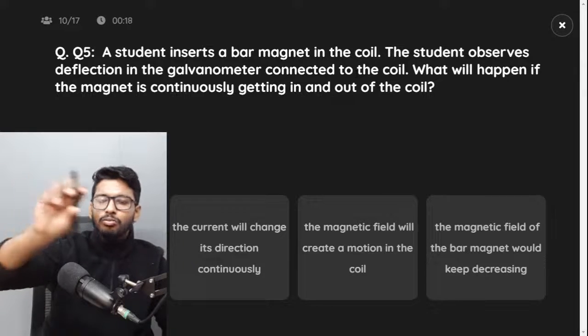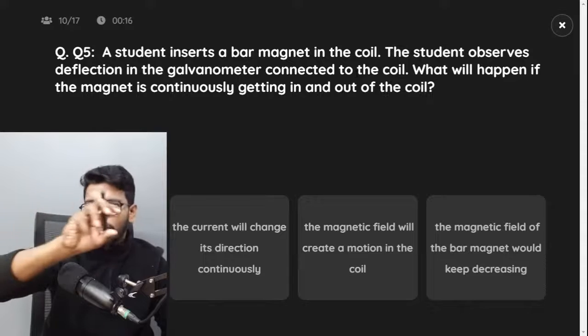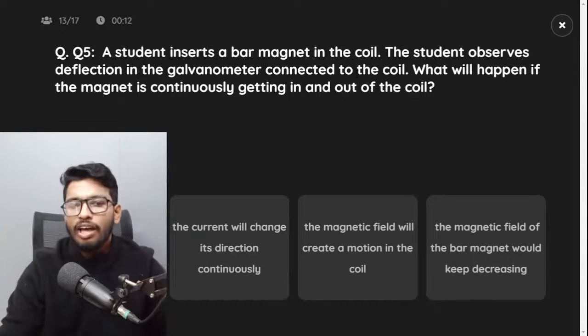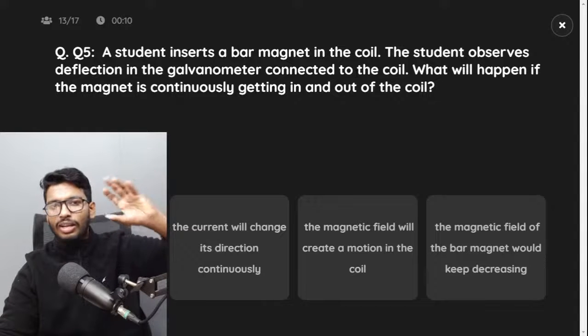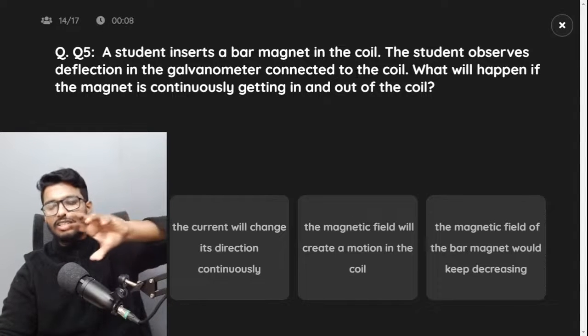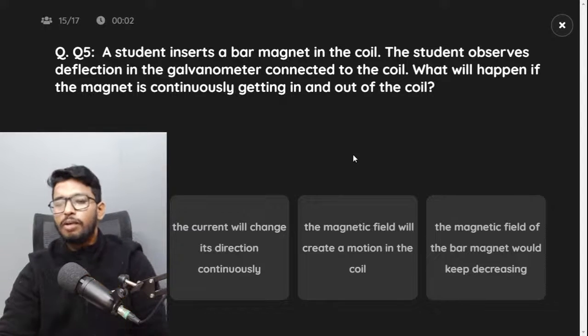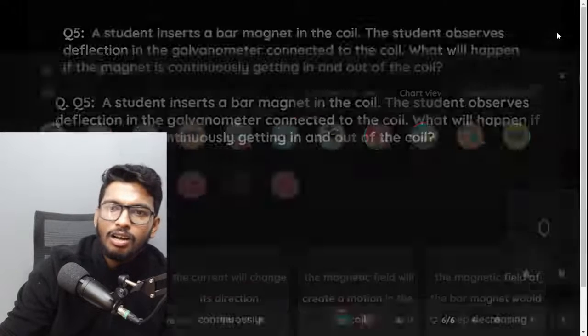Let's say that he's moving it with the same speed, moving back and forth with the same speed. In that case, what is going to happen? What do you think is the right answer?